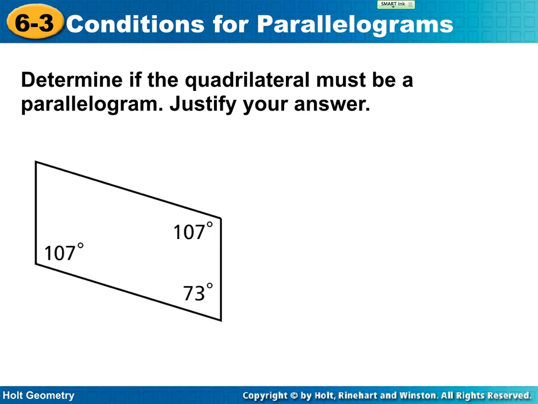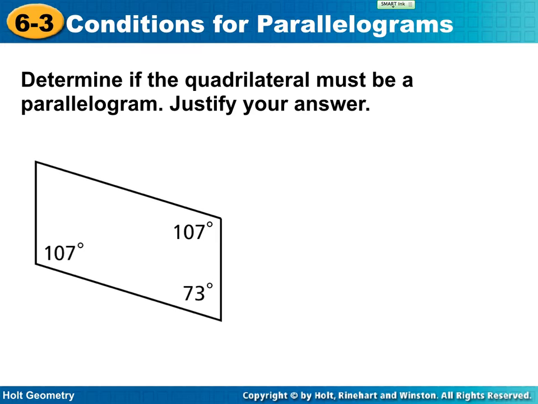Think so? Which theorem are you thinking, Henry? 6.3.3, do we have both pair of opposite angles congruent? Well, we've got 107, 107. What's this angle? 160. Yeah, so you'd have to figure out this angle before you could use the first one that you were doing. And you have to be really careful how you find that angle.